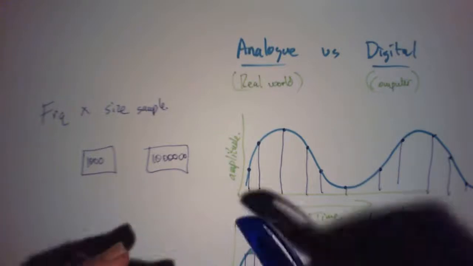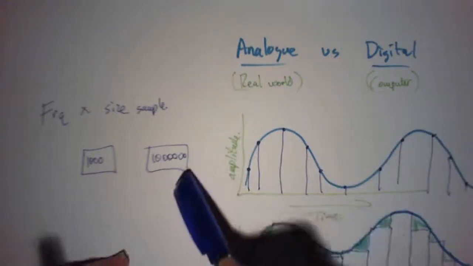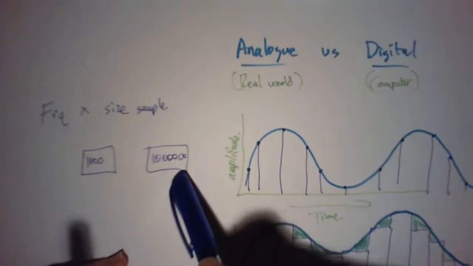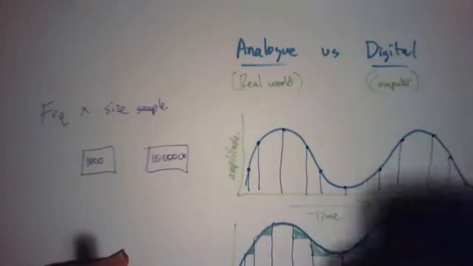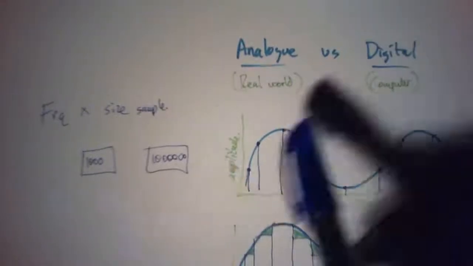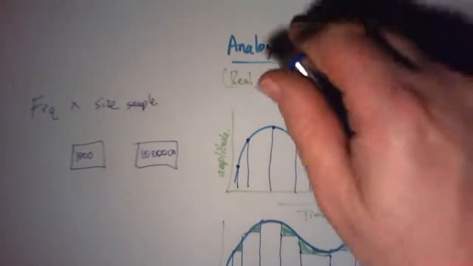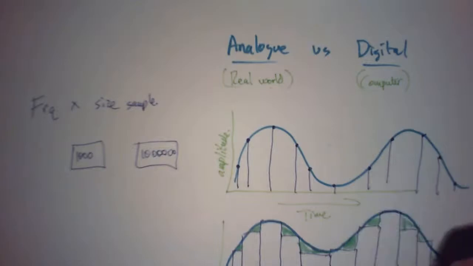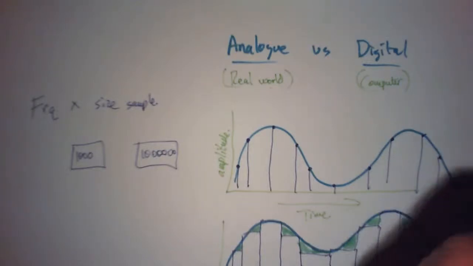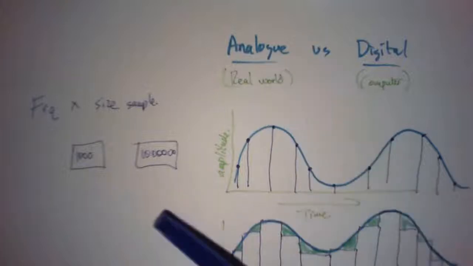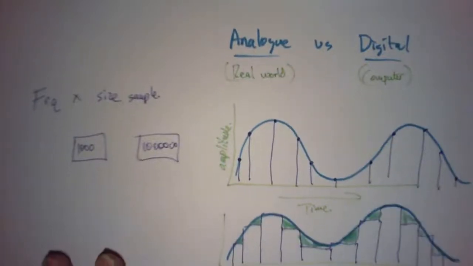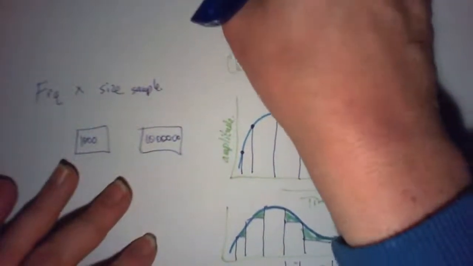Okay, however, and this comes back to it, the larger the sample size, the larger the file, the more cumbersome it's going to become, and that comes into our whole area of data compression and all that type of stuff. So why I'm dealing with this through sound is because it's an easy way for you to access it.